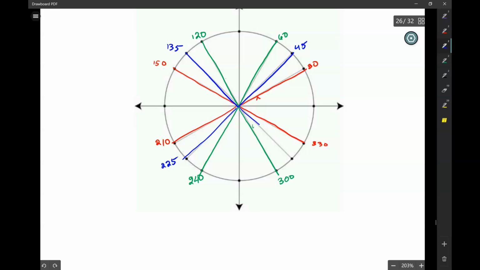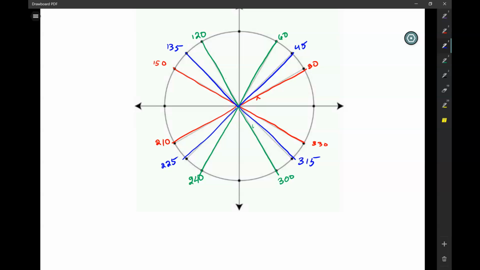And then here, 45 degrees down from the x-axis, 360, 315. So the blues are all corresponding, the reds are all corresponding, and so on. Now let's do the radian.